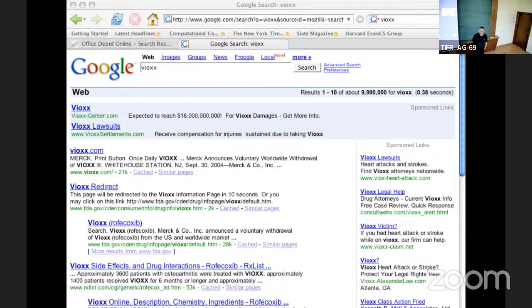And why are they there? Where did these ads come from? Basically, when you're typing something to look for Vioxx, Google knows that you are thinking about Vioxx, okay? And Vioxx is a drug, so maybe you want to buy more Vioxx or something related to it.